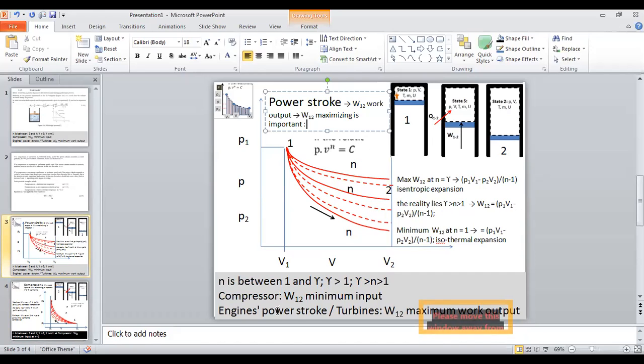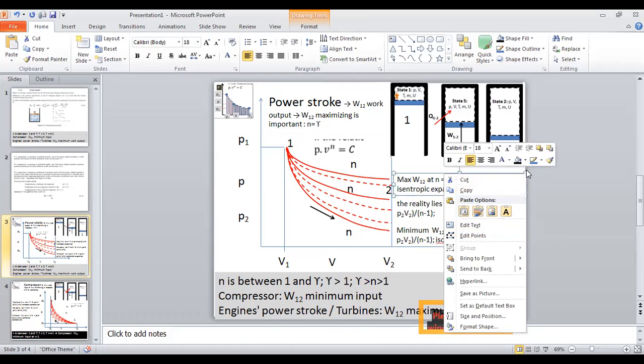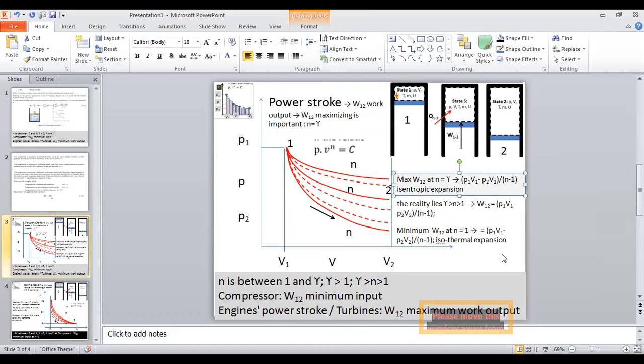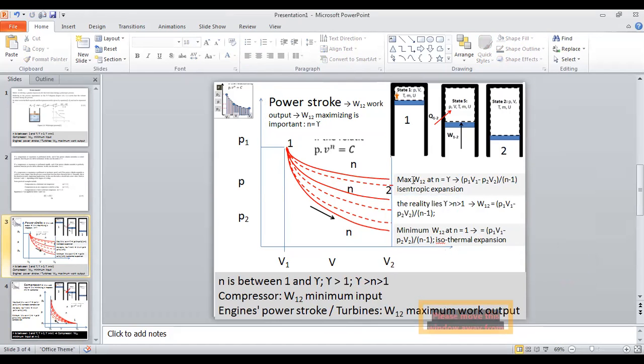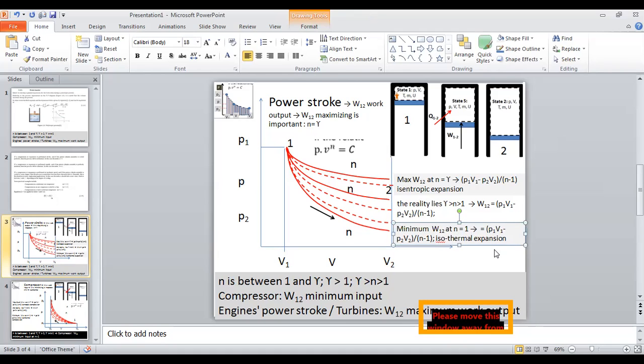Okay, here you can see it. Power stroke, we have to maximize, not minimize the work. So n equals 1 is not a good arrangement or solution to get some work output.